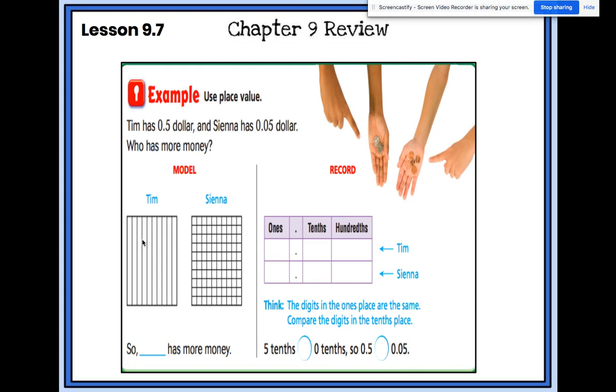So remember, we used our models down here. We noticed that Tim's model was divided equally into tenths. Sierra's model was divided equally into hundredths. And then we kind of cubed our problem. Tim has 5/10 of a dollar, which shows that we're working in the tenths place. And we shade 5 of Tim's total 10 in his whole.